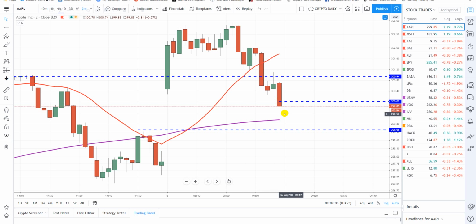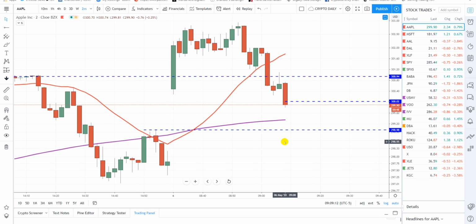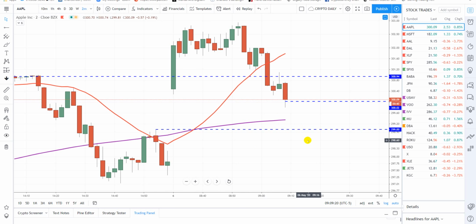If we come back up through it at 300, like we just did, and I missed it, we still have a little over 30 seconds. In a 2-minute candle, that's a long time.